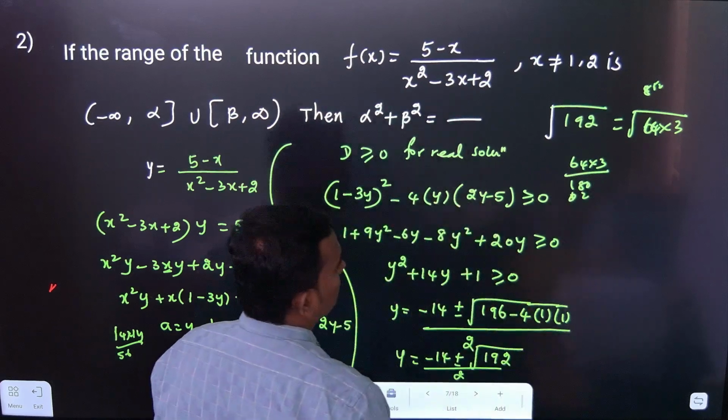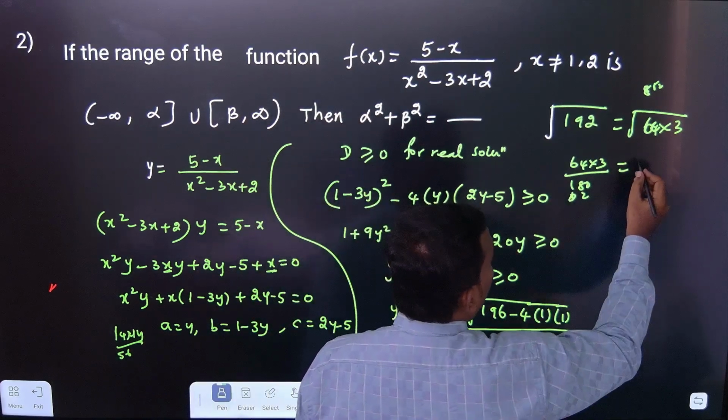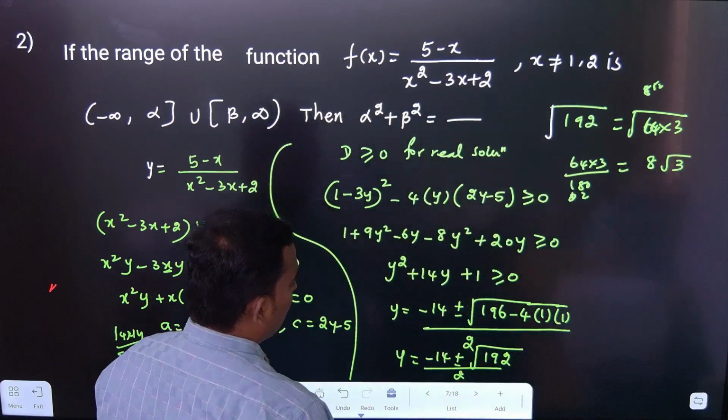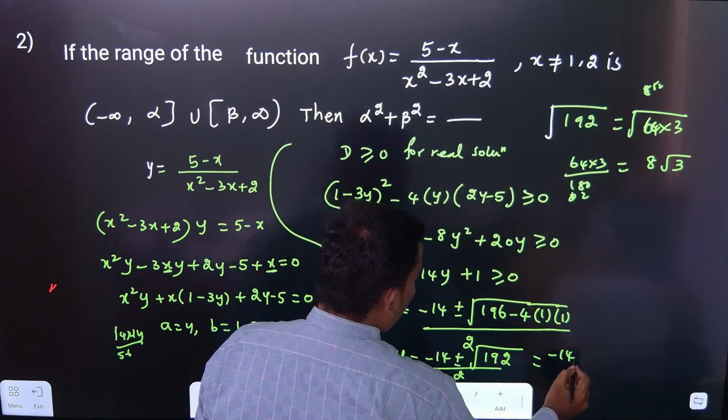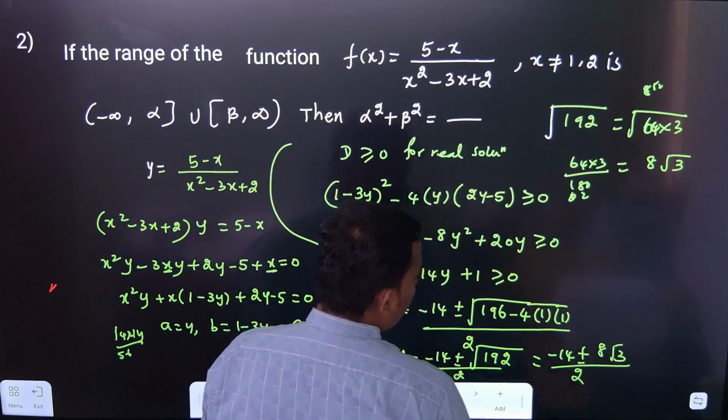Yes, correct, it is possible. So the square root of 64 is 8, so 8 root 3 you can write. So this one you can write as minus 14 plus or minus 8 root 3 divided by 2.